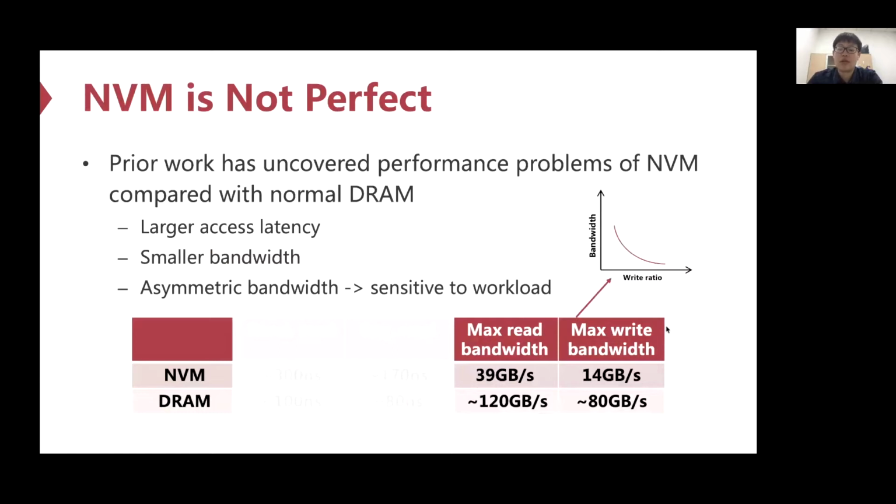The third problem is bandwidth asymmetry. We can see that the maximum read bandwidth for NVM is much larger than the maximum write bandwidth. This leads to a problem that NVM is quite sensitive to workload. When the write ratio increases, when the number of write operations increases, the overall bandwidth will drop dramatically.